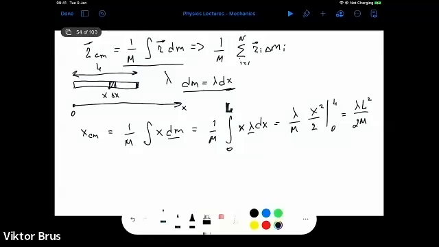So this is an expression, but here we have the total mass of the system. So in order to get the coordinate, we need to substitute its value.